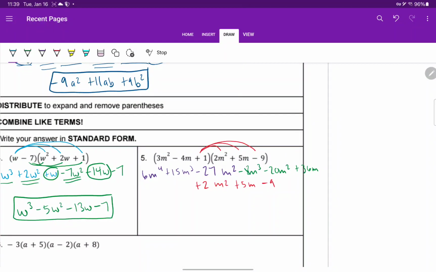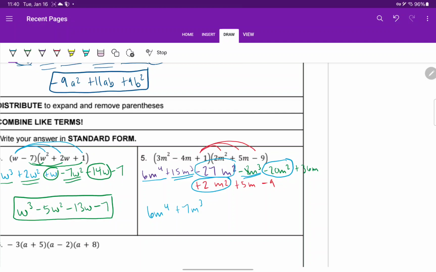So let's see. Our highest degree is m to the 4th, and that's the only one. We have a 15m to the 3rd, and we have a minus 8m to the 3rd, which becomes positive 7m to the 3rd. All right, from here we have, let's see, looking for m squareds. Negative 27m squared, negative 20m squared, and then we have positive 2m squared.